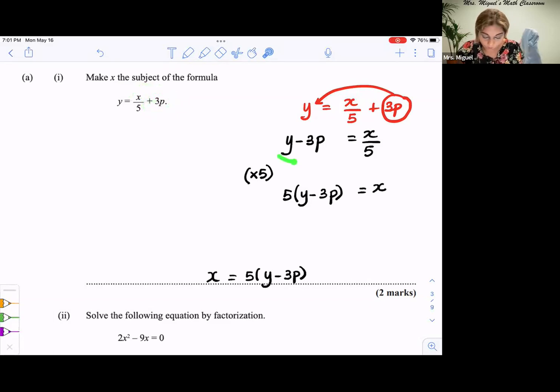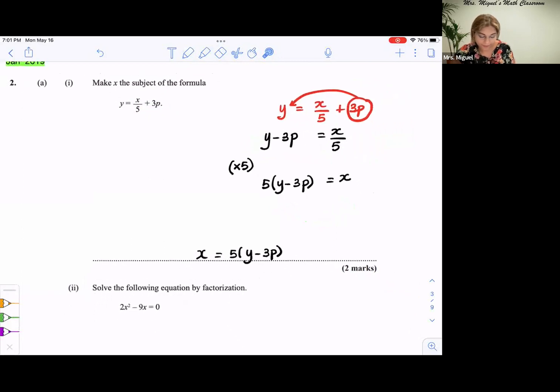So this gives me y minus 3p. Then I still have x over 5. And the only way for me to get this as x only, I need to multiply both sides by 5. So here I get 5 open bracket y minus 3p equal to x.